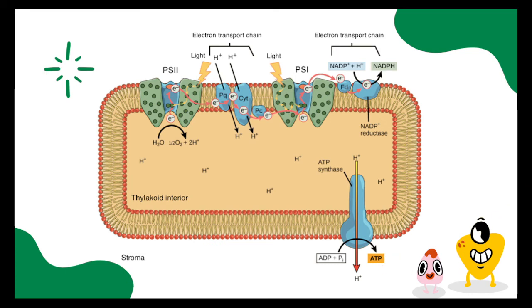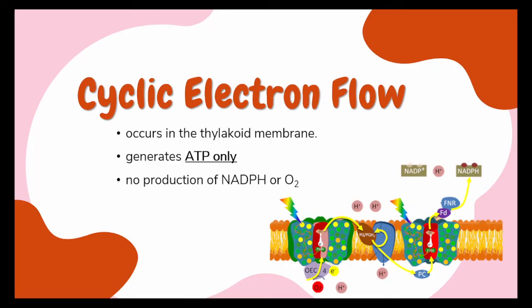Okay, that's it. So the second way, or the second route for light reaction, is called the cyclic electron flow. Now this is cyclic electron flow because there are repeated steps here. It happens the same way. Okay, so I'll show you.